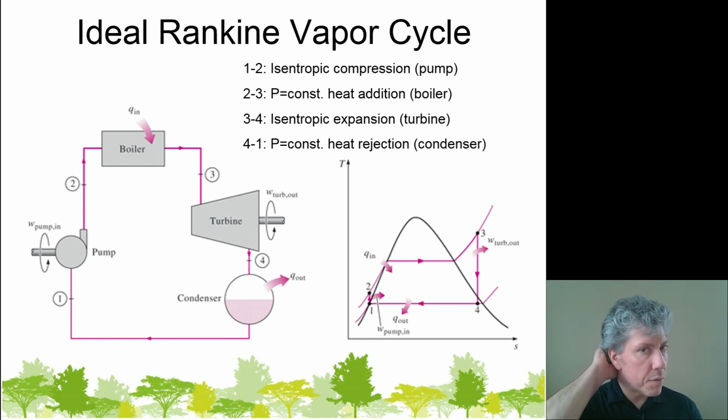The process from state 2 to state 3 is a little bit different. You notice before with the Carnot cycle, we simply had state 2 and 3 on the saturated liquid and saturated vapor lines respectively. That's not really practical. So what we're going to do is pump subcooled liquid into a boiler and add heat in that boiler until what leaves the boiler is superheated steam.